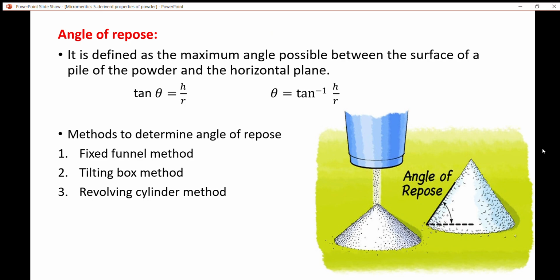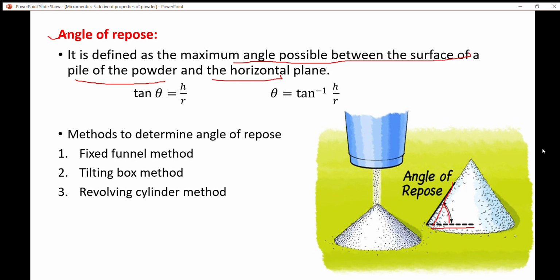Let's discuss the first evaluation parameter, that is angle of repose. It is defined as the maximum angle possible between the surface of a pile of the powder and the horizontal plane. In this image you can see that this is the surface of a pile and this is the horizontal plane, and the angle between these two is known as the angle of repose.